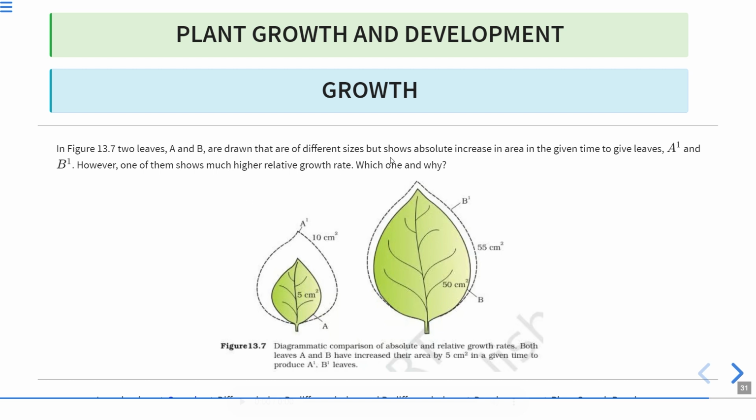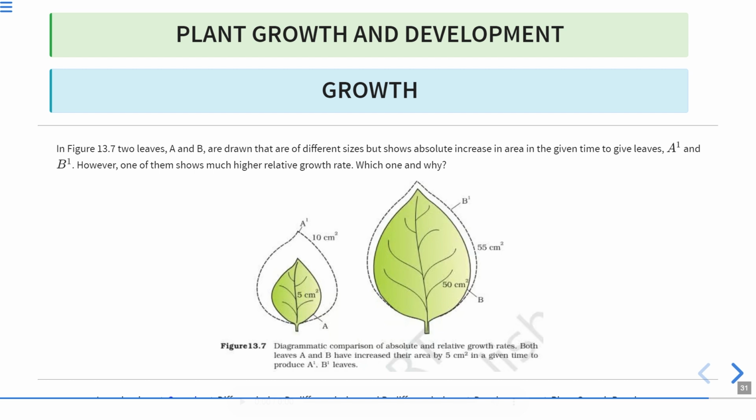Now, the absolute increase in area in the given time for the two leaves. After a time t, you have noted down the area. A1 is 10 centimeters square, and B1 is 55. Earlier it was 50, now it is 55. Earlier it was 5 centimeters square, now it is 10 centimeters square.